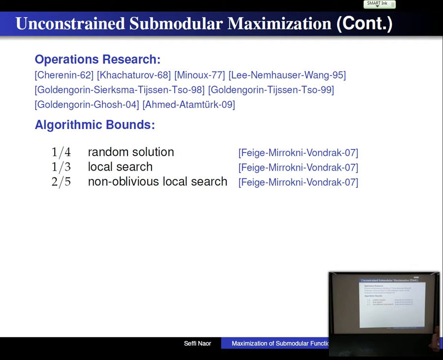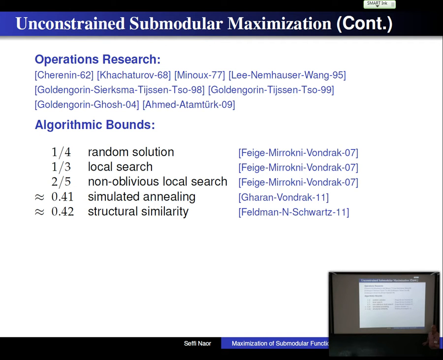They showed that if we just pick a random solution, a random set, then this is going to give us a factor of 1/4, improved to 1/3 using local search, to 0.4 with more sophisticated local search, and then there were some small improvements.